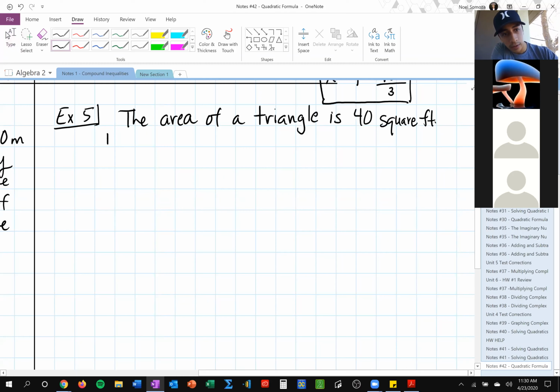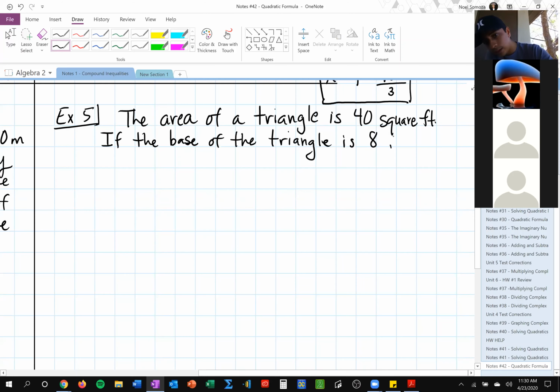Okay, if the base of the triangle is 8 feet more than the height, okay, they want us to find the height of the triangle.